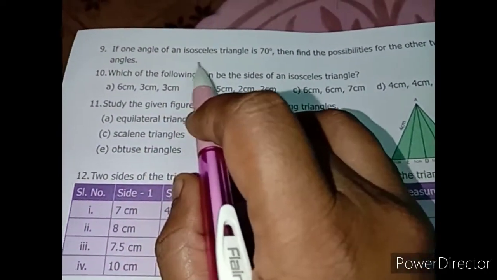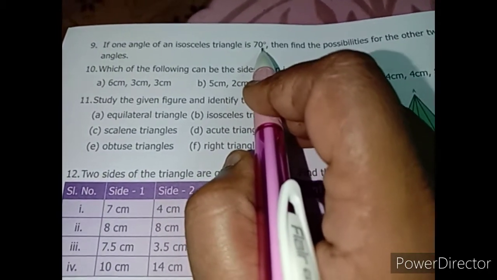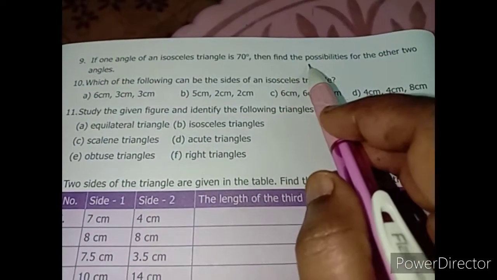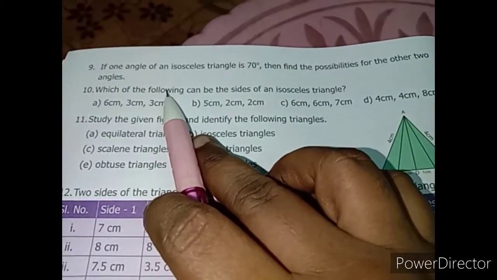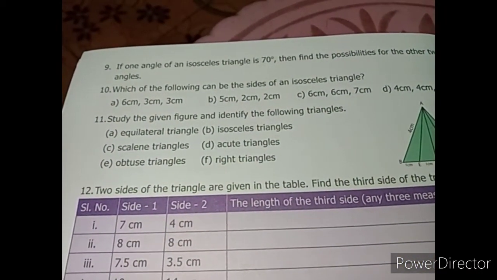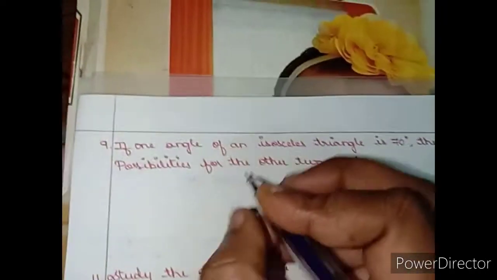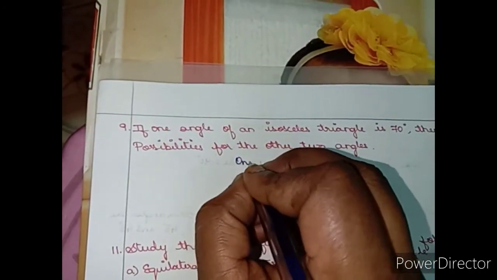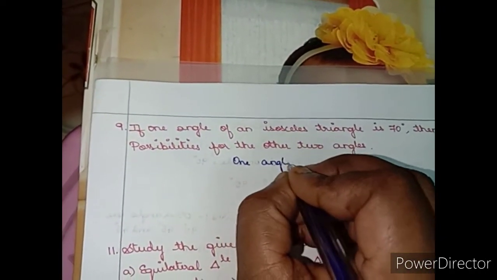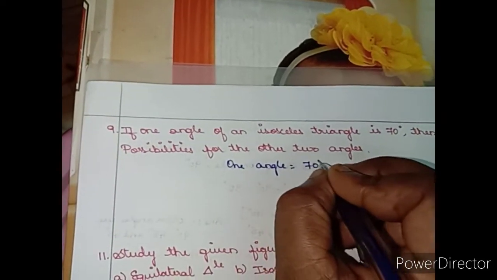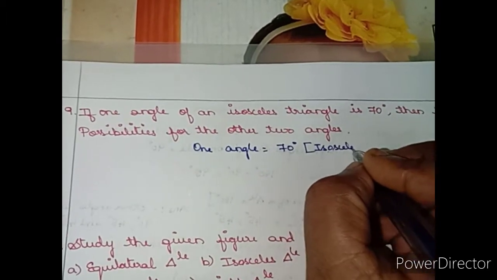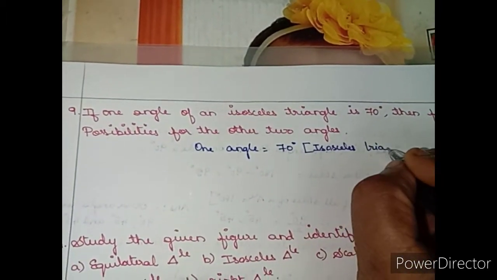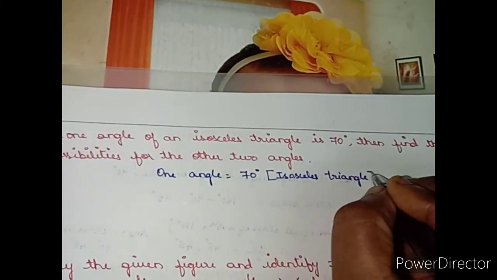If one angle of an isosceles triangle is 70 degrees, then find the possibilities for the other two angles. We'll see that. So what is given? One angle is 70 degrees, which is an isosceles triangle.